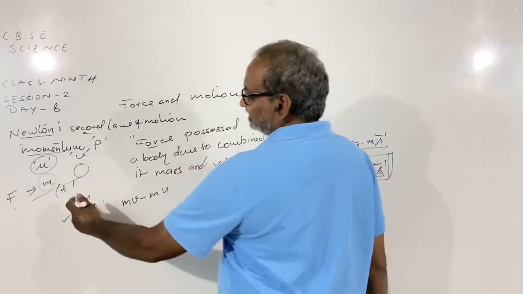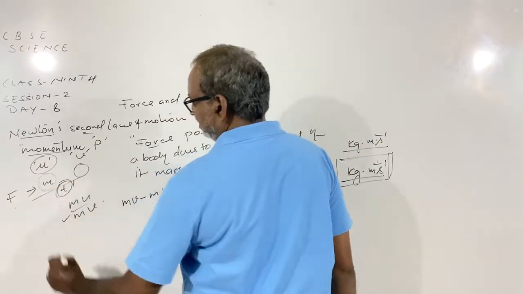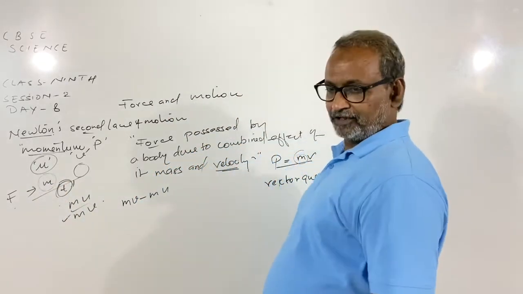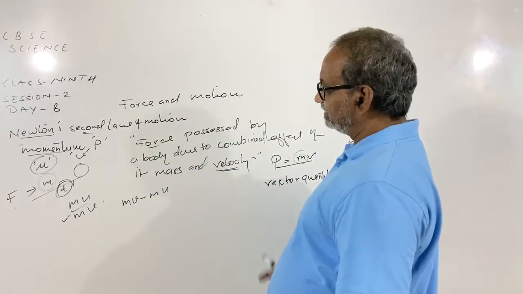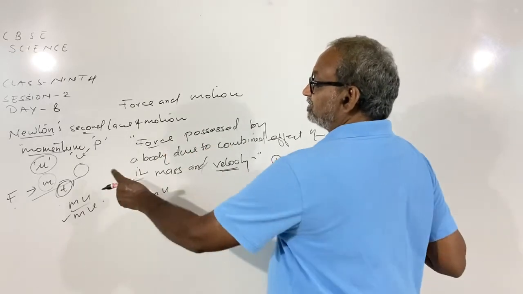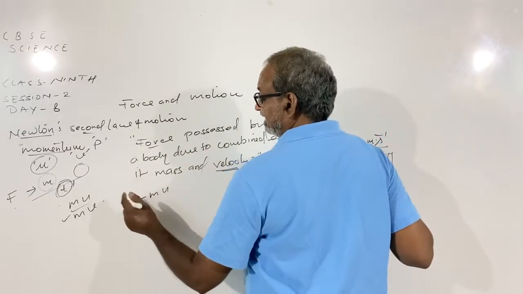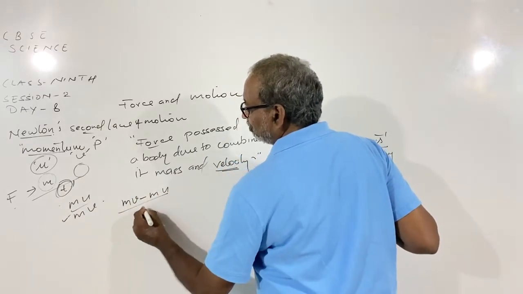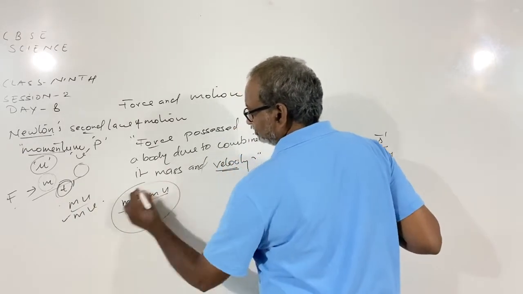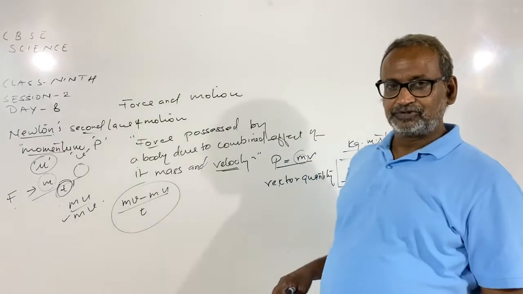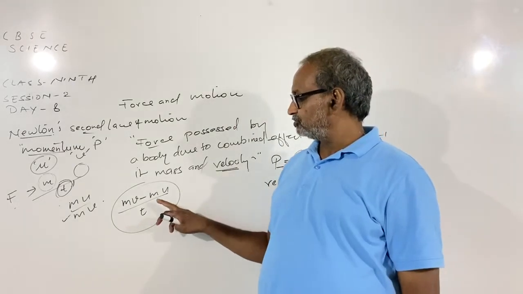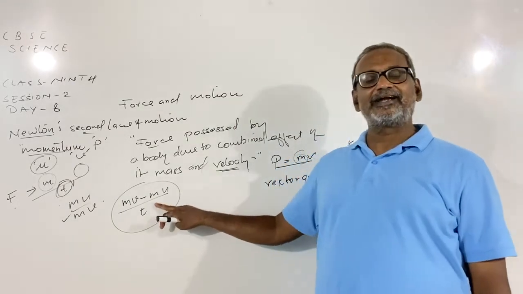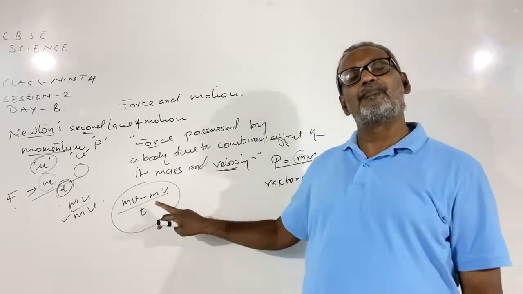And since this change is taking place in t time, we can say that the momentum of the body is changing at a rate of (mv minus mu) over t. So what is this? Rate of change of momentum.